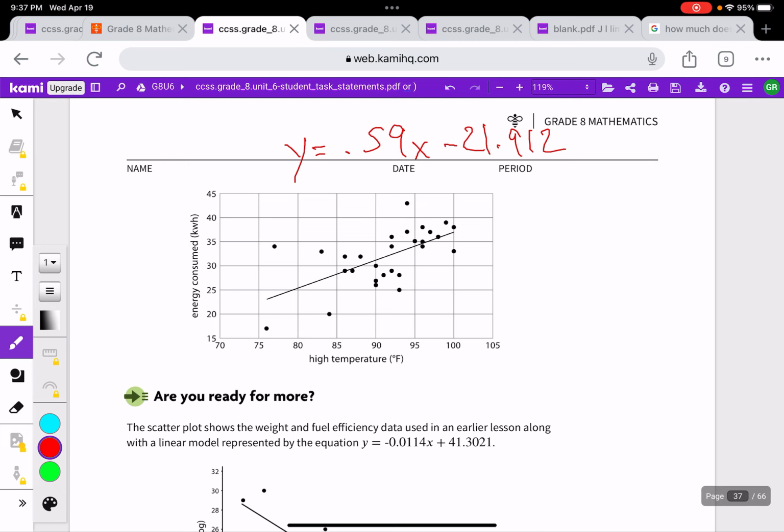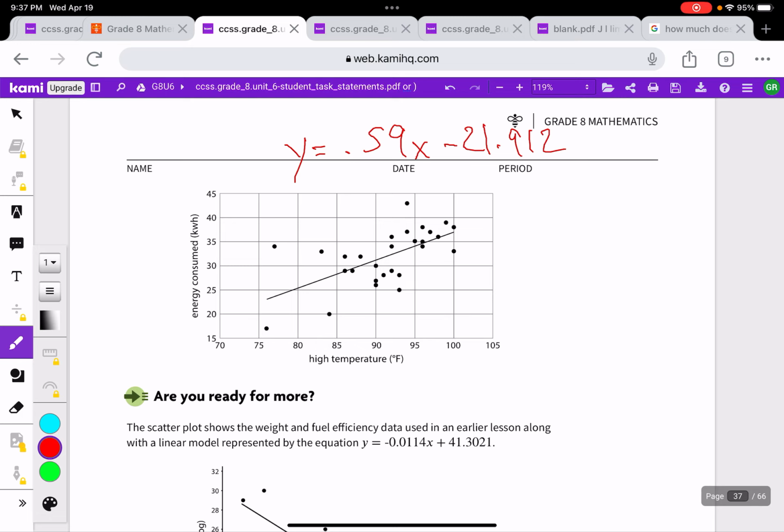So when it gets hotter, more and more people use air conditioners because they consume more electricity than just about any other appliance, I think. So every time you add a degree of temperature, kilowatt hours goes up by about 0.59. 0.59 kilowatt hours per degree of temperature would be a good way to interpret the slope.